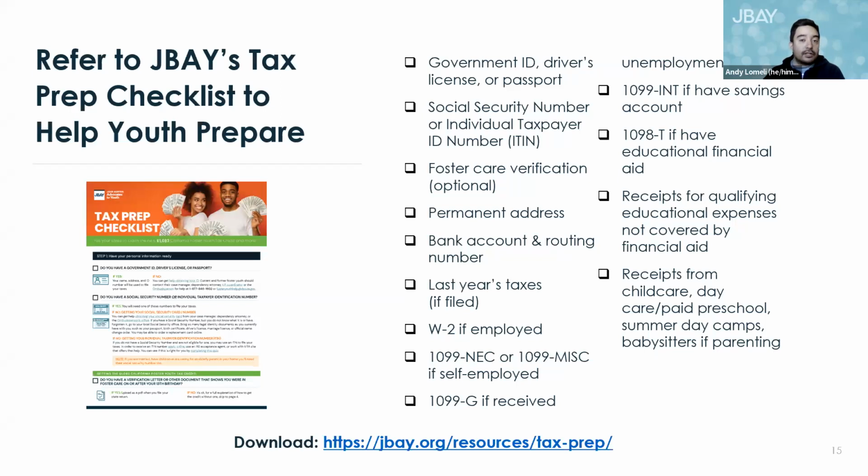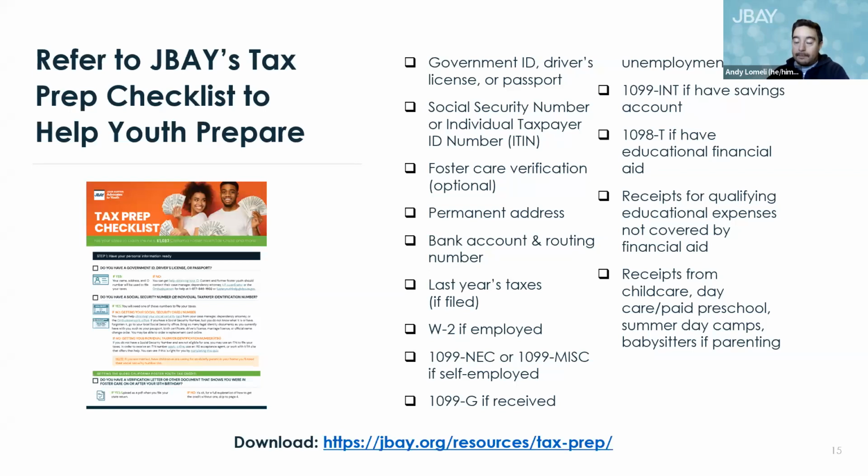If you are specifically trying to claim the foster youth tax credit, you want to bring in a verification that you were in care at the relevant time. You want to have access to your permanent address, information on your bank account and routing numbers so that you can potentially get a direct deposit of any money that's owed back to you from the IRS. If you filed taxes in the previous tax year, you want to bring last year's taxes.